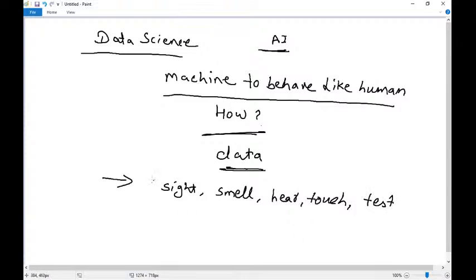After doing these 5 activities, we observe the data, and we store and process that observed data in our brain. It goes into our memory, and later, after a certain time, we can also use that observation.